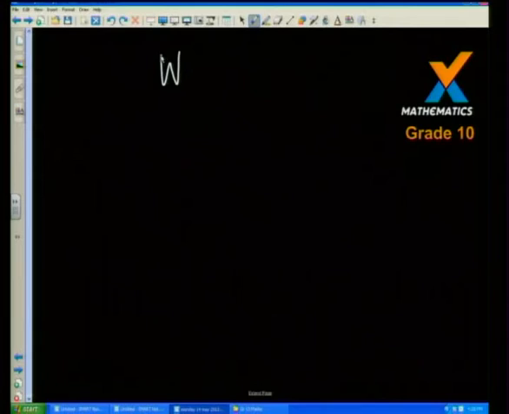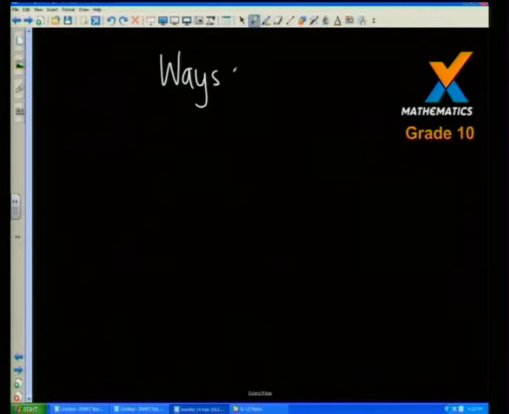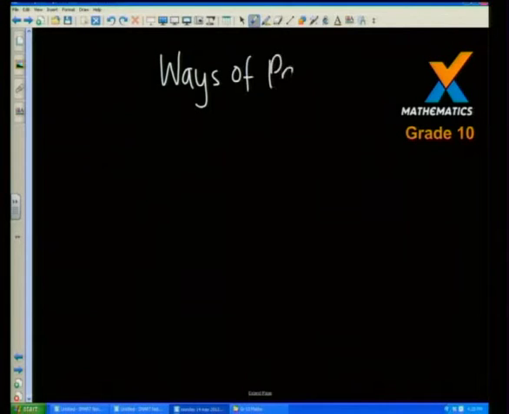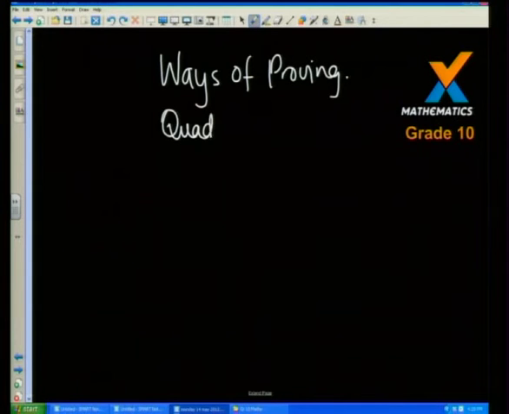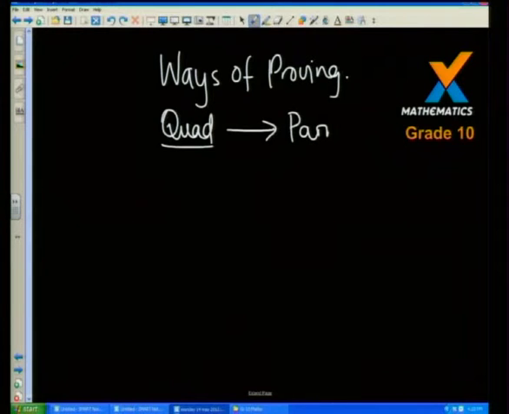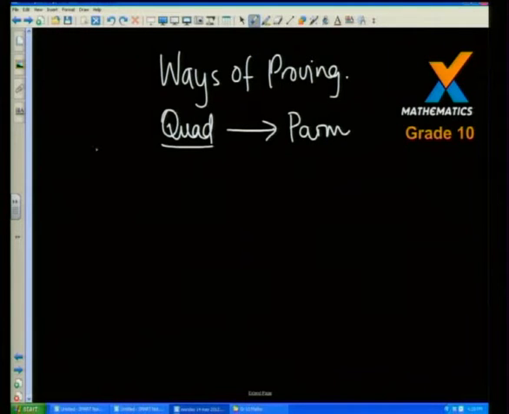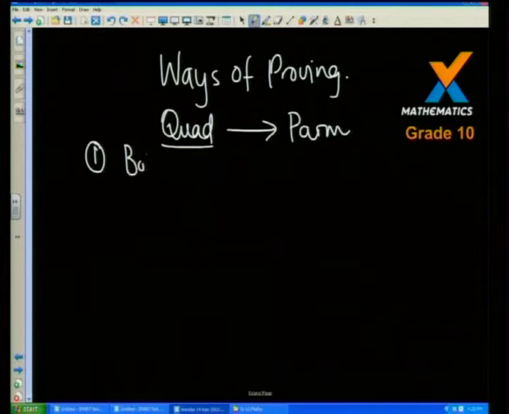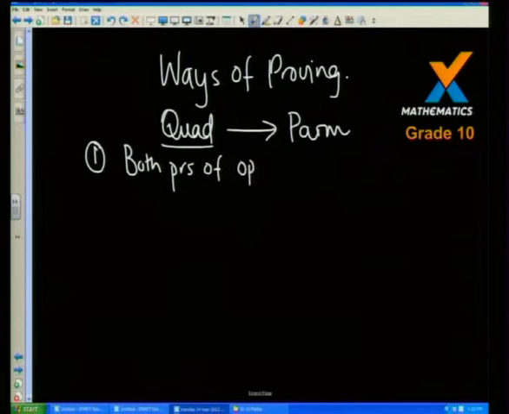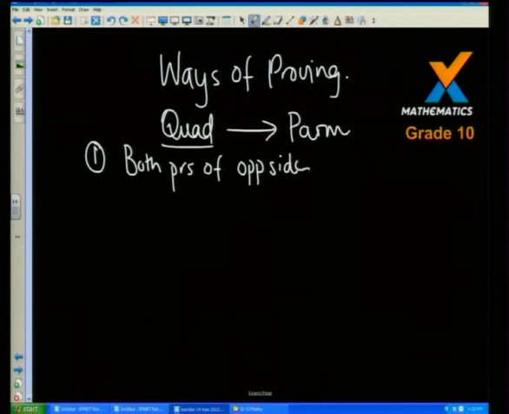The ways of proving that a quad, okay, so you're given a quad, and we're going to prove that that quad is a parallelogram. So we could do it through one of the ways that we said. We've got to prove that both pairs of opposite sides are parallel.